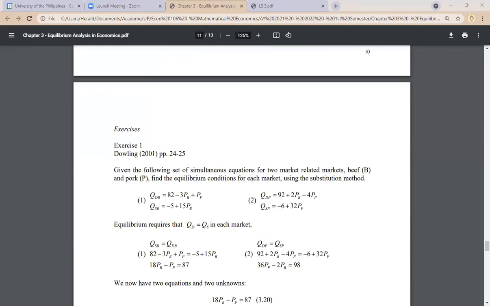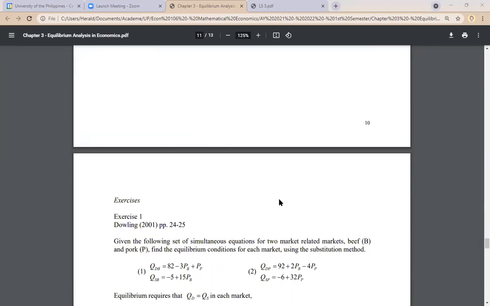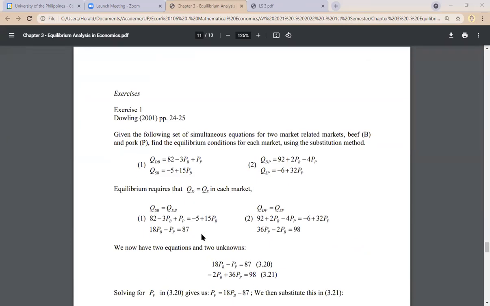Before I proceed to the numerical example, class, again, just a review. When dealing with general market equilibrium, the partial market equilibrium only considers a single market.